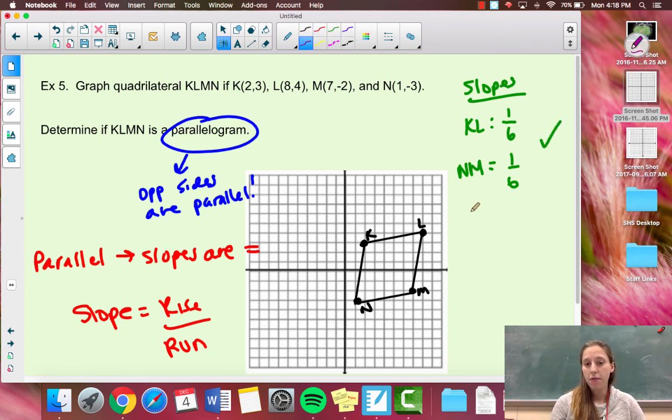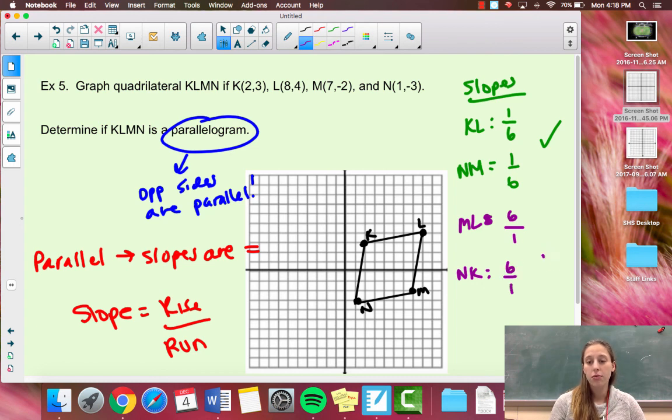So let's find from M to L. So ML's slope, if I start at M and go rise, so I'm going to go up 1, 2, 3, 4, 5, 6. I'm going to go up 6 and over 1. Okay, and then from N to K, if I find that slope, I'm going to go up 1, 2, 3, 4, 5, 6, and then over to the right 1.